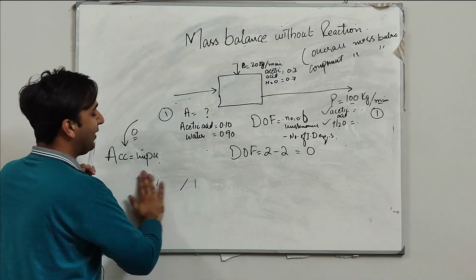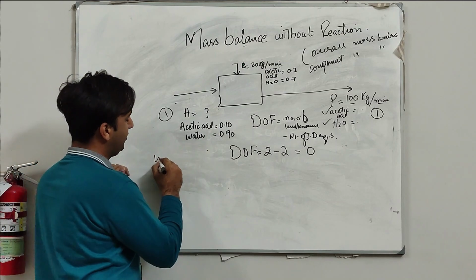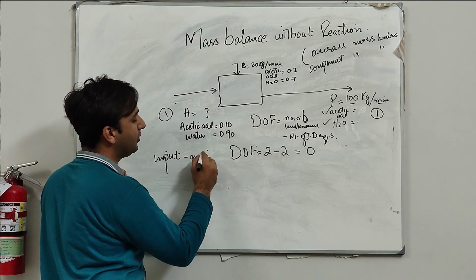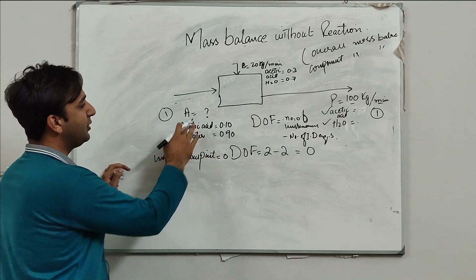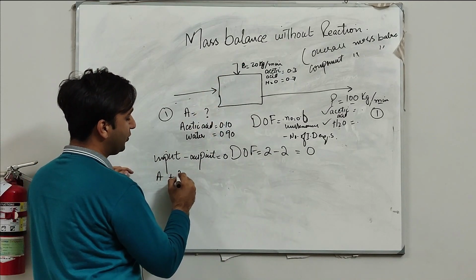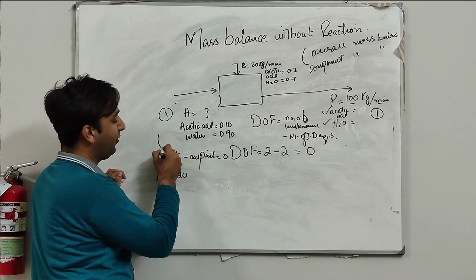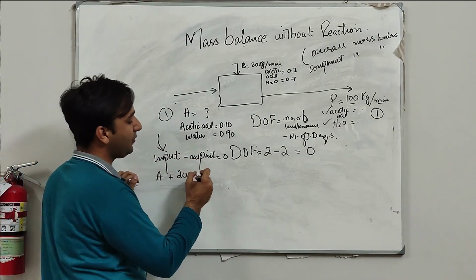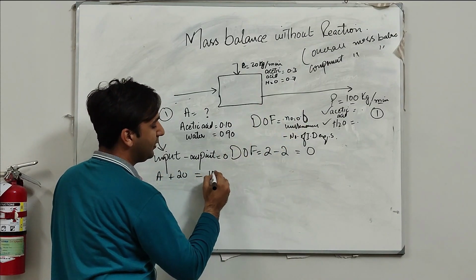So the equation that is left is input minus output equals 0. The input is A plus 20. We are applying the overall mass balance by using the general mass balance equation. The output was 100.